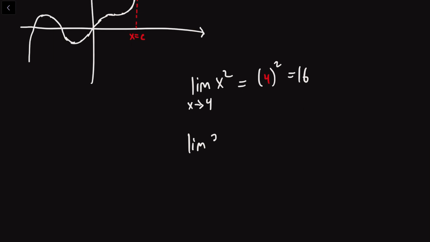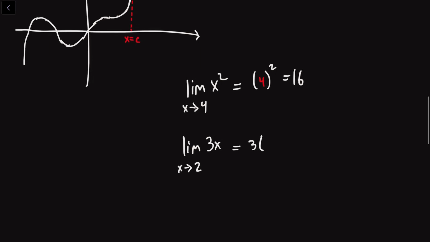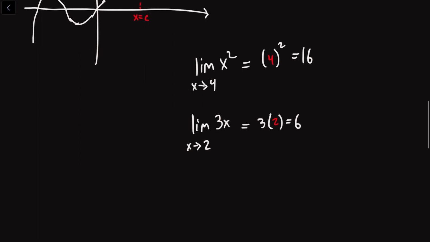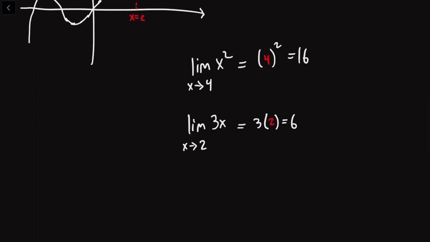Let's say we wanted to find the limit of 3x as x approaches 2. So we would plug in that 2, and we would get 6. So that's how we evaluate that limit. We just plug in. But what happens if we don't get an answer when we plug in?